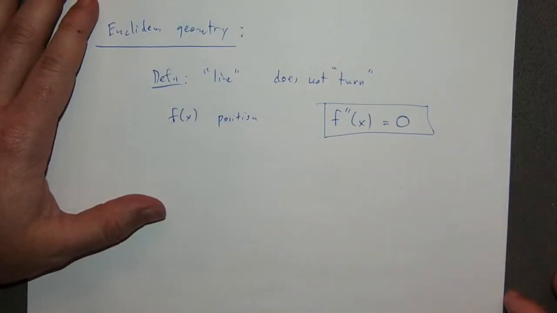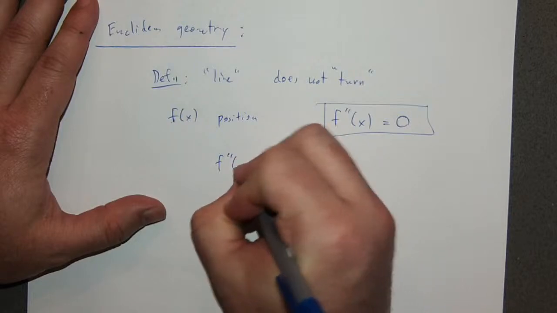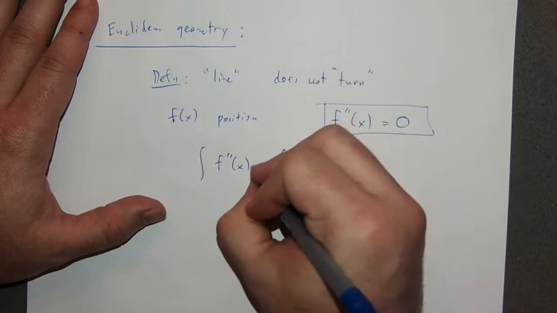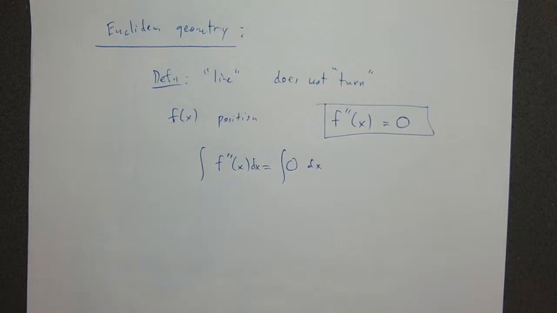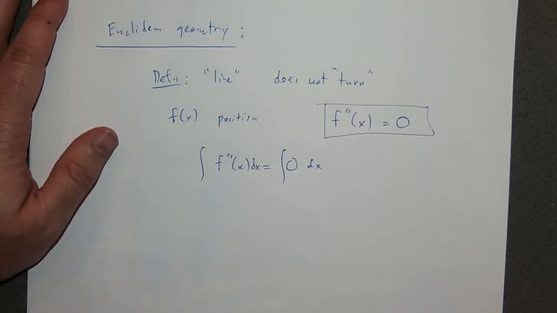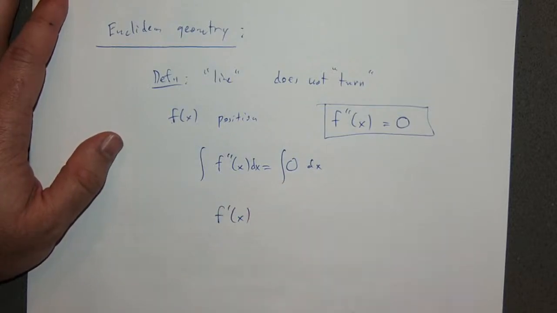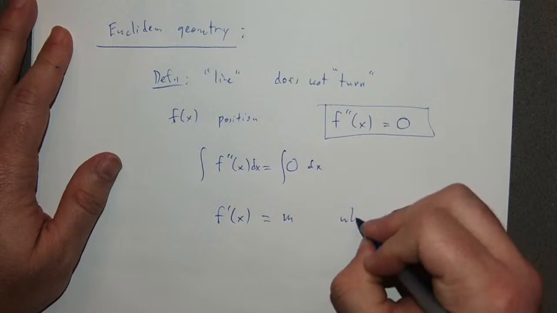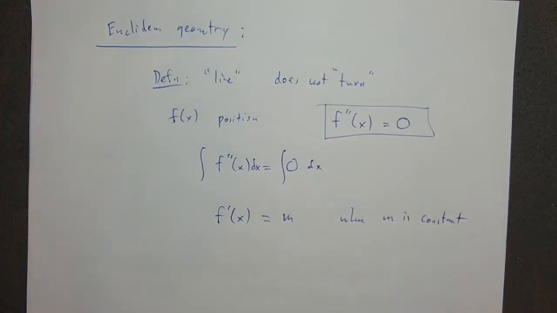Using the fundamental theorem of calculus, if the second derivative of f is 0, I can integrate both sides with respect to x. If I integrate the second derivative of f with respect to x, I get the first derivative of f with respect to x. This is equal to, when I integrate 0, just a constant, which I'll call m.